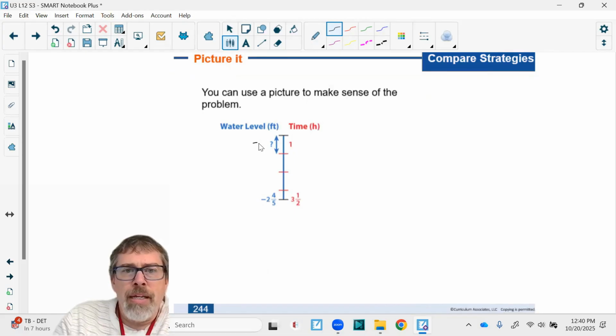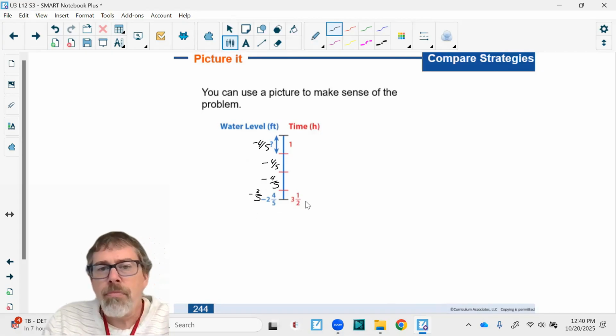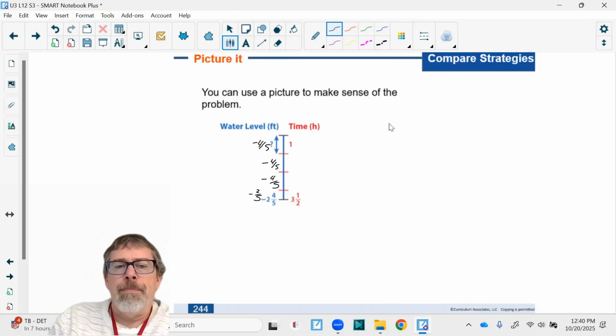So this would be a negative 4/5, another negative 4/5, another negative 4/5, and then half would be negative 2/5. So if you added 4/5 and 4/5 and 4/5 and 2/5, you'd get 2 and 4/5. Okay, just splitting it up evenly.